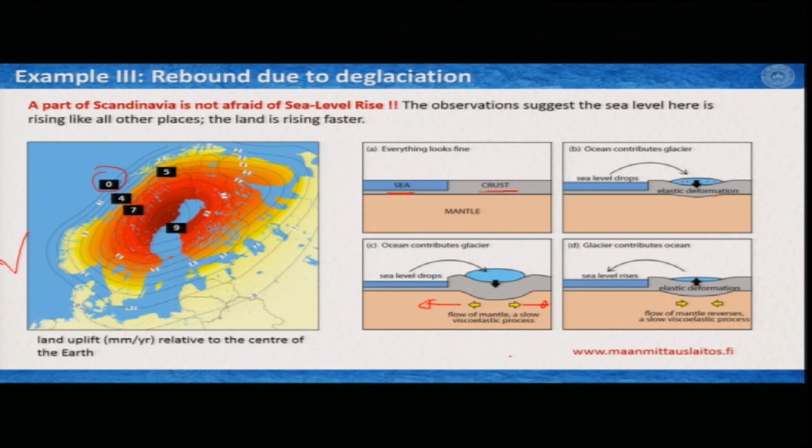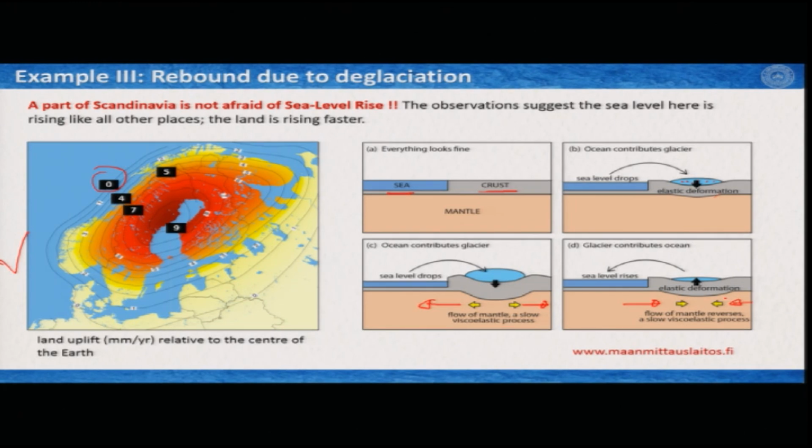But later when the deglaciation started, the sea level rise happened, because the water from the glacier comes back to the sea. So, the elastic deformation that we had in the continental crust is now recovering the strain. It is coming back to its original position, and the mantle is also coming back to fill up the gap.